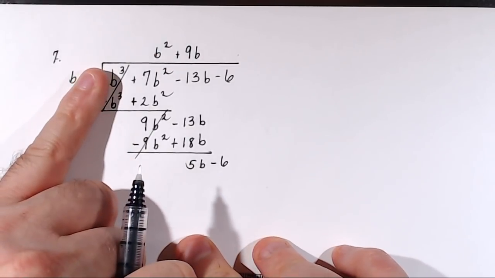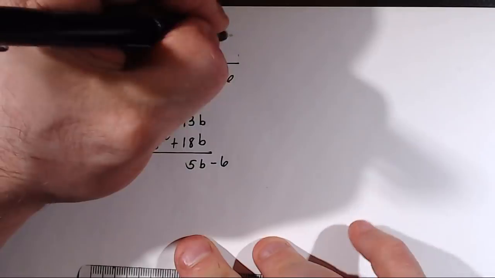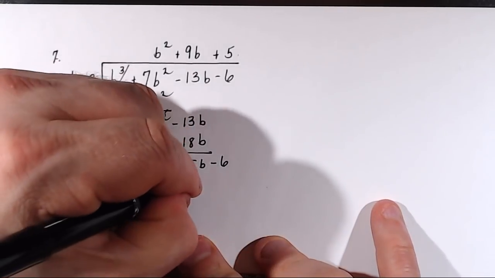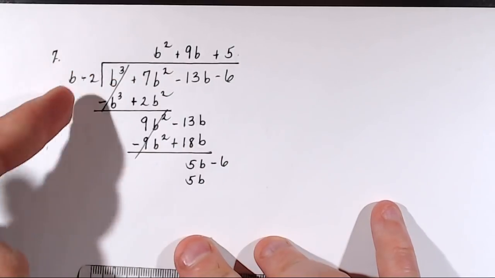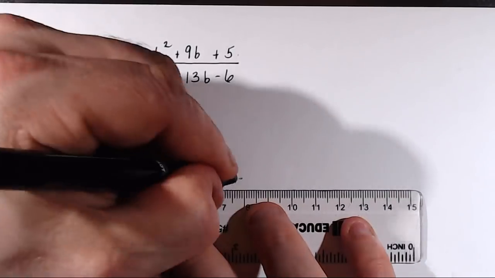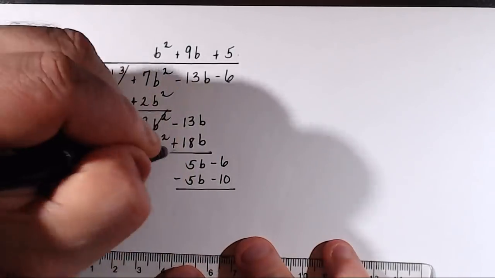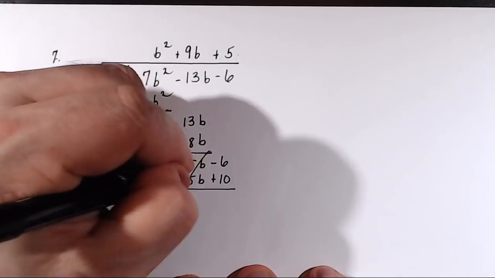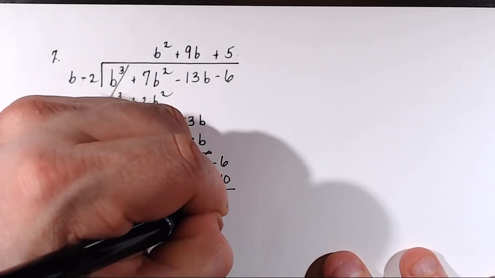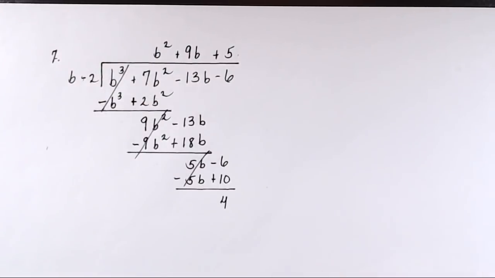What times b equals 5b? Positive 5. Put a plus 5 up here. 5 times b equals 5b. 5 times negative 2 equals negative 10. Draw a line, change the signs. These cancel, and you're left with negative 6 plus 10, which is positive 4.